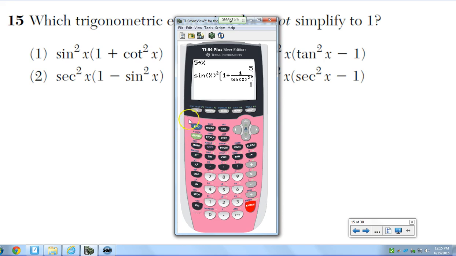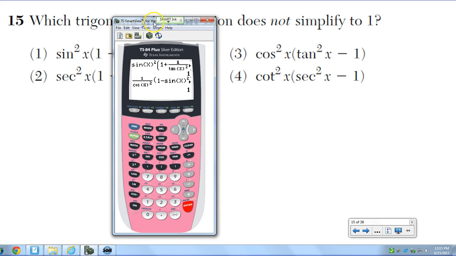So then you go to choice 2, secant squared. Unfortunately, 84s don't have it. You have to know it's 1 over cosine. Again, the squared goes after the angle. And that equals 1.